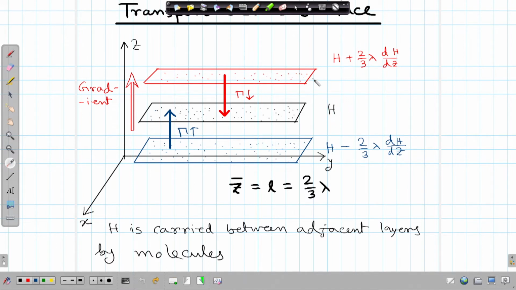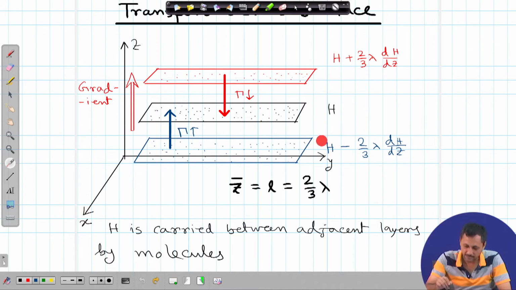Above this reference layer, we have a hot layer. What do we mean by hot layer? Hot layer means where the quantity H is present in greater amount as compared to the reference layer, and below we have a cold layer, where the quantity H is present in a lesser amount as compared to the reference layer.